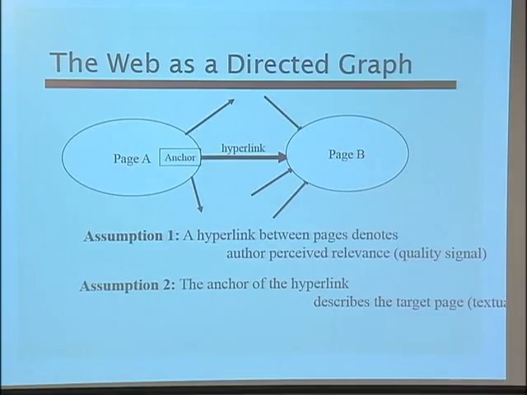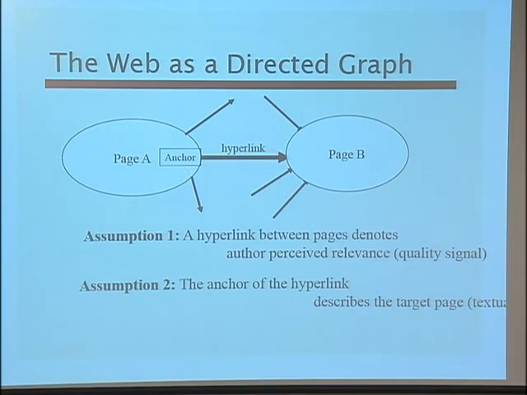And we make a couple of assumptions here. The first is that hyperlinks are indicative of relevance, that if I link to something, that is an indication that I think this is meritorious. There's an assumption that the description that I put around a particular document link has some relevance to what I actually believe is contained in that.